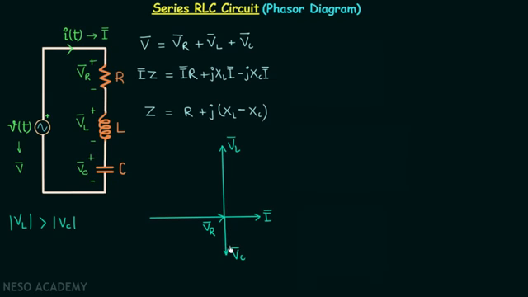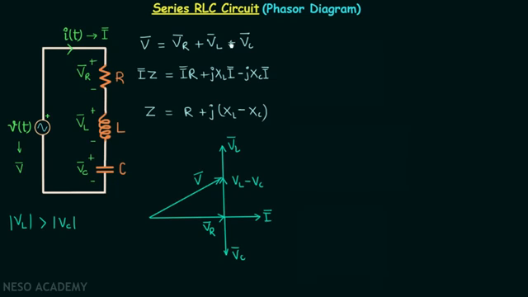We can have the resultant of VL phasor and VC phasor like this. It will have the magnitude VL minus VC. And the sum of this vector and this vector will give us V phasor. Why?